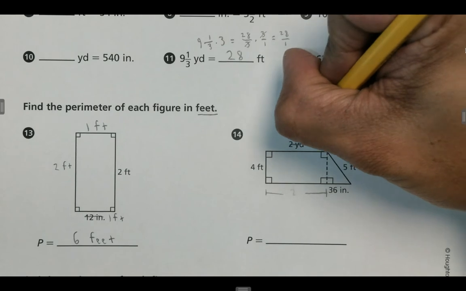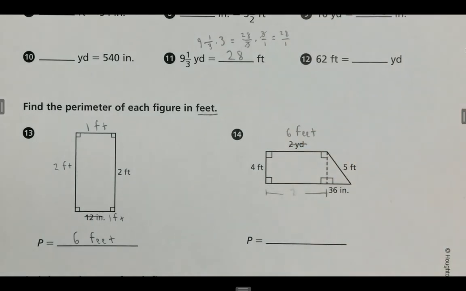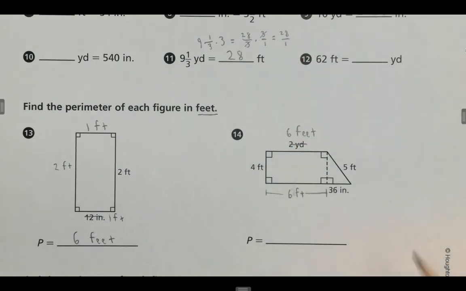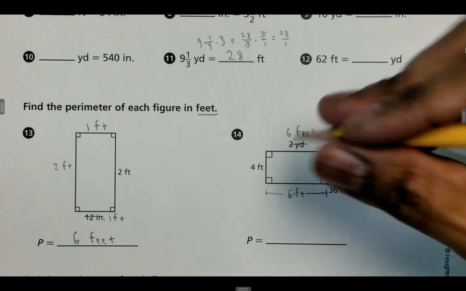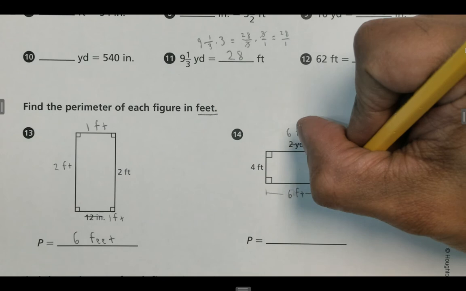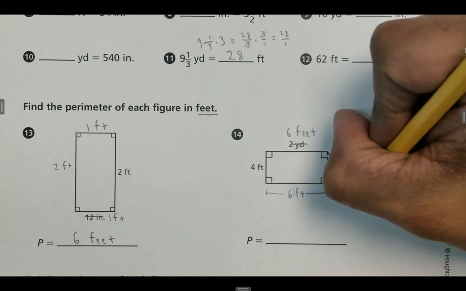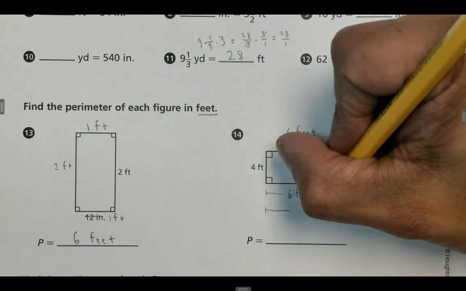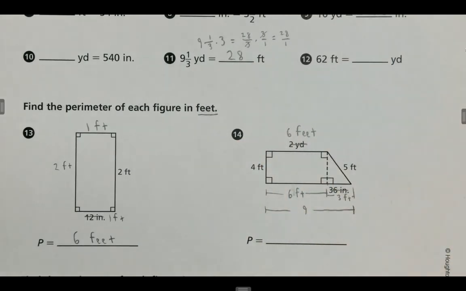This is 6 feet, which means that this is 6 feet. Now, this little segment here from here to here is in inches. Smaller unit inches to a larger unit feet. I've got to divide. Divide by 12. 36 divided by 12 is 3. So this little segment is 3 feet, which means altogether this side is 9 feet.